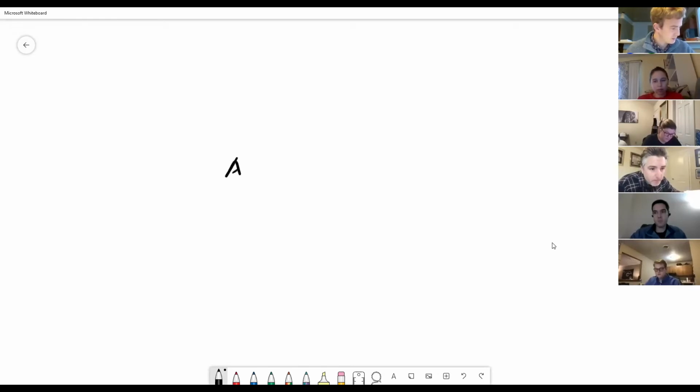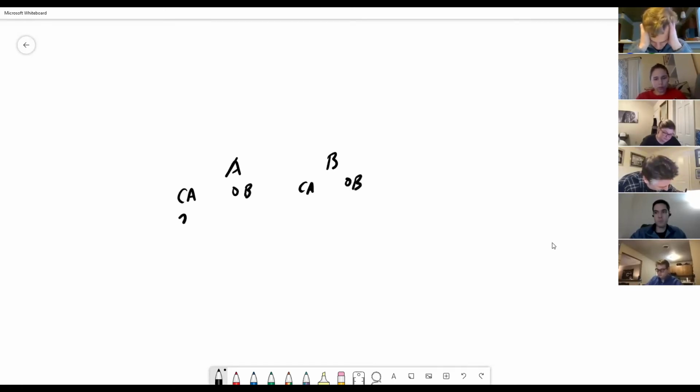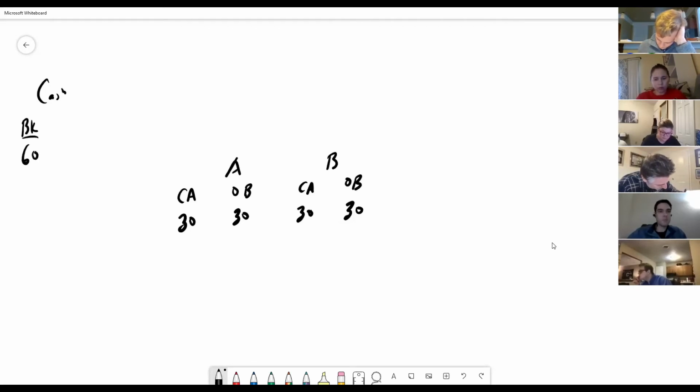A and B are each contributing 30 of cash. So their capital accounts go up by 30 and their outside basis goes up by 30. We got cash on the left side of the balance sheet with a book value of 60 and a basis of 60.